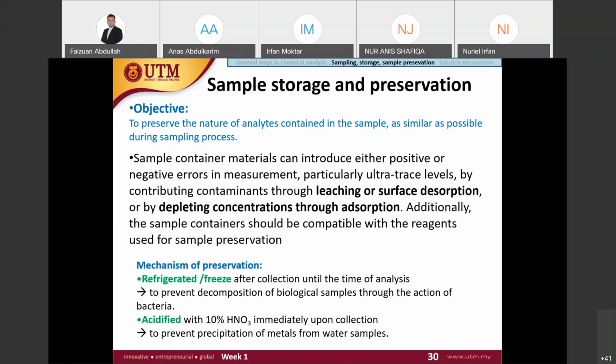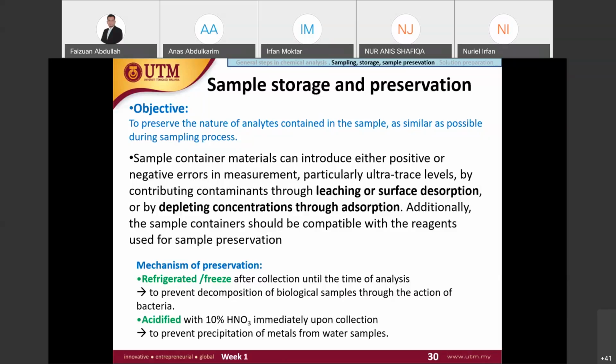When you prepare your tea, the contaminants previously absorbed into the glass dissolve into your tea. So that is surface desorption. Some contaminants dissolve from the surface of the container into the liquid.